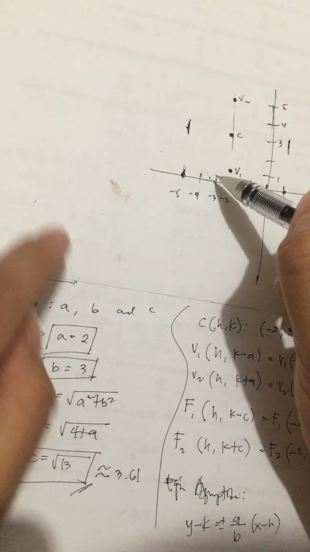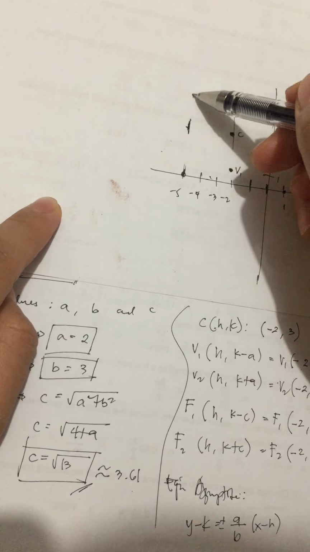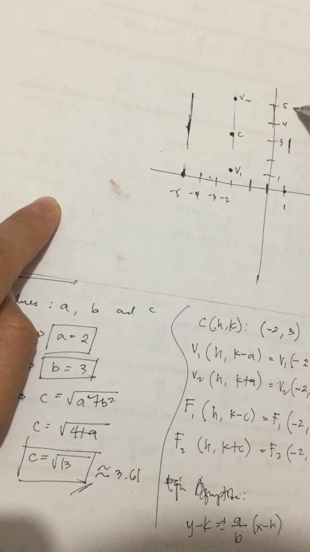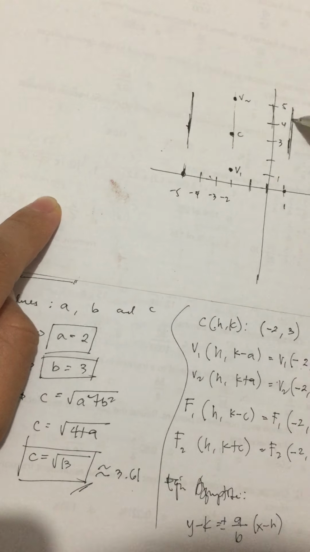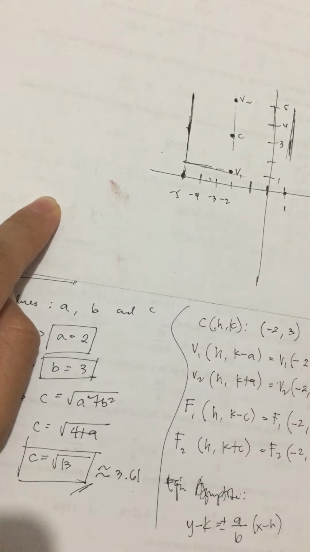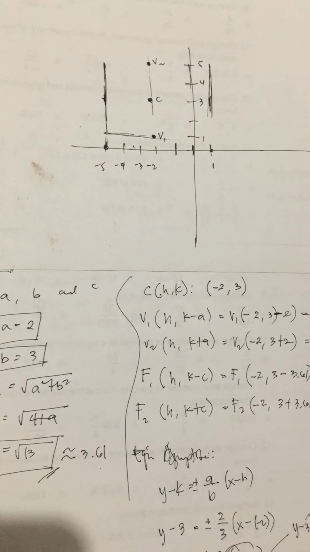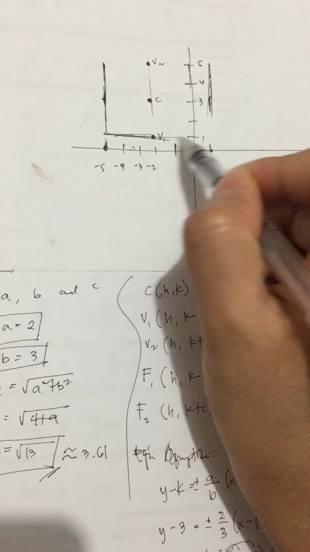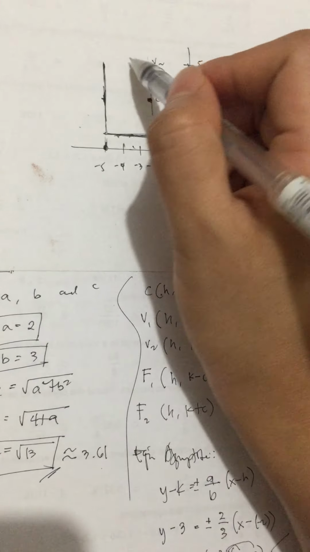O, draw ka ng rectangle ngayon. Ang limit ng rectangle mo is ganito. Papuntang vertex lang ha. Papuntang vertex lang. So, ganyan lang siya. Papuntang vertex lang yung ating rectangle.